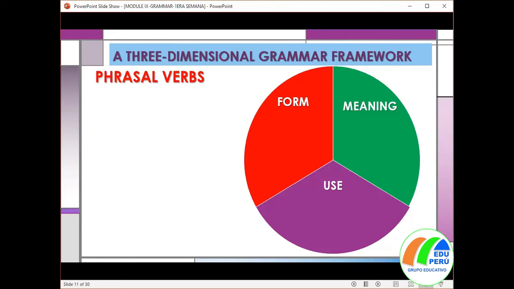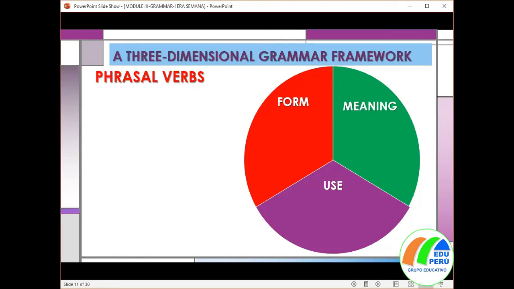A verb plus a pronoun, plus a preposition? No. It's a verb plus a preposition, could be, or maybe an adverb. But we call this part more exactly a particle.